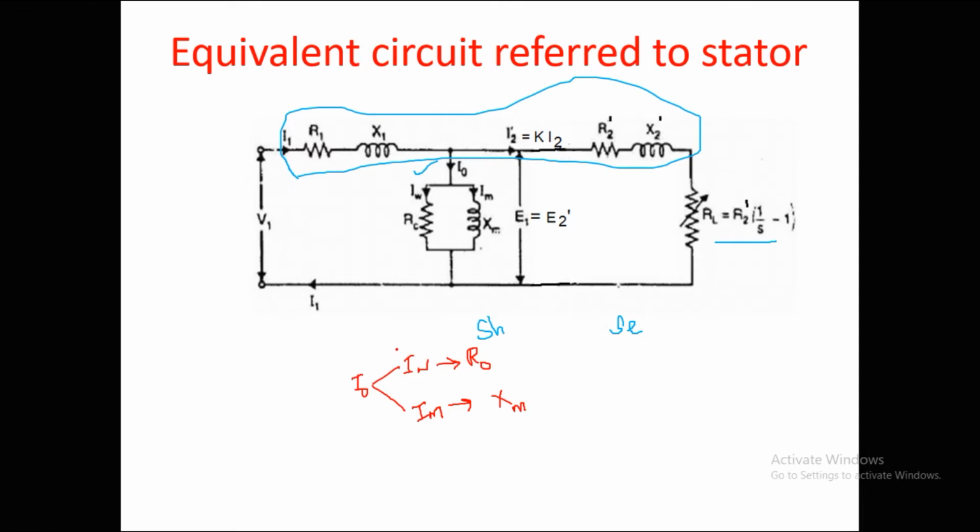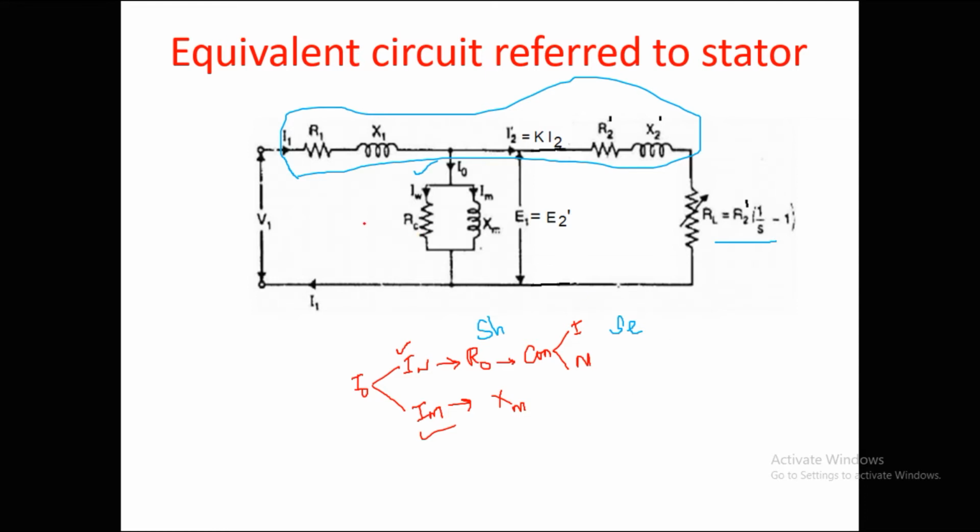We can say IW is an active component and IM is a reactive component. Here R0 indicates the presence of constant loss. So constant loss is a combination of iron, that is core loss, and mechanical loss.